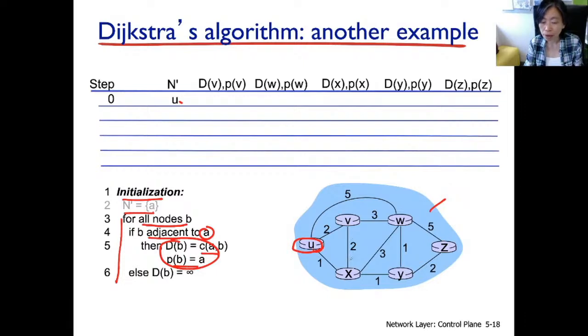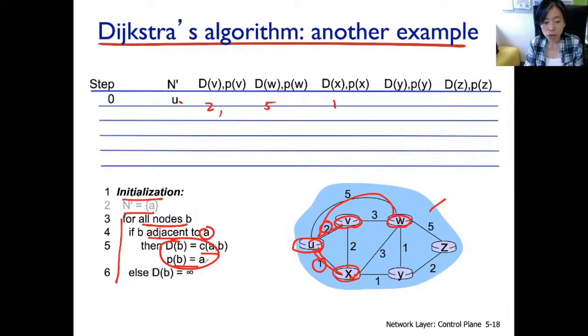So who are the nodes adjacent to the source U? So we do have V and W and X here, right? V connected to U, W connected to U, and X connected to U. And therefore, dV should be the link cost of UV, 2, dW, link cost of UW, dX, link cost of UX.